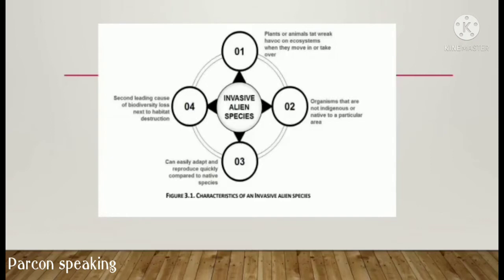When we compare characteristic number 2, it is not particular or it is not common to that certain organism. But compared to characteristic number 3, it is said that it can easily adapt to the environment.